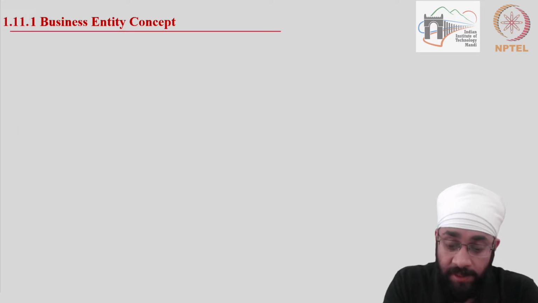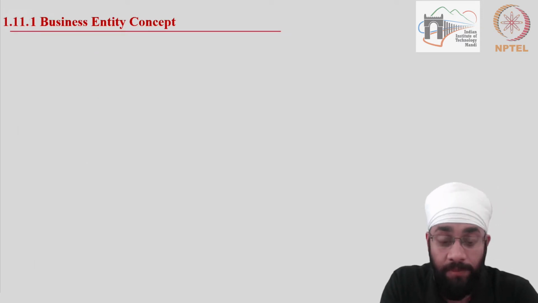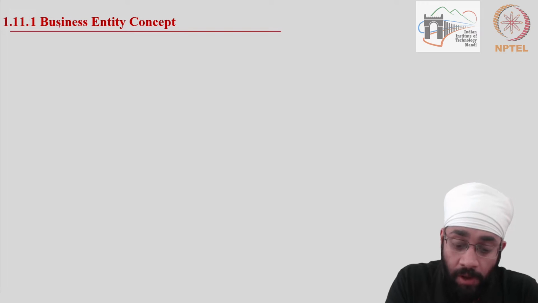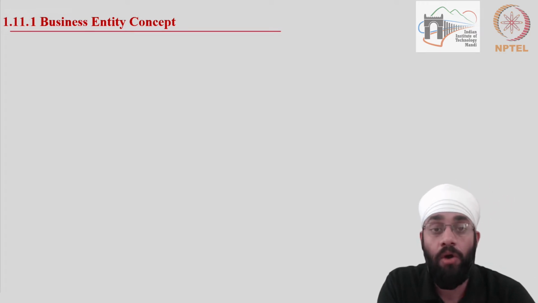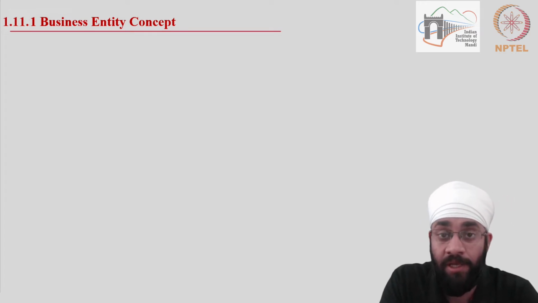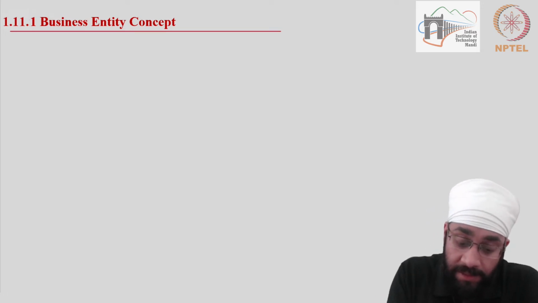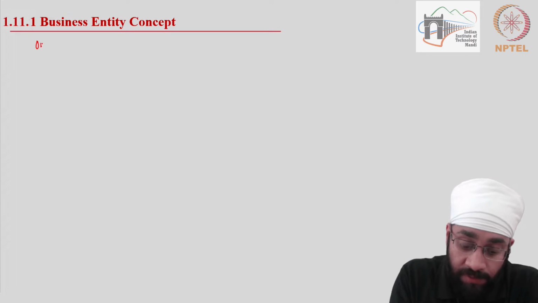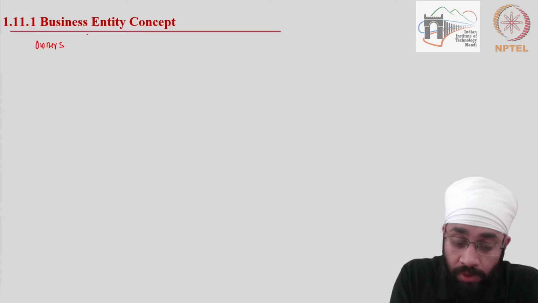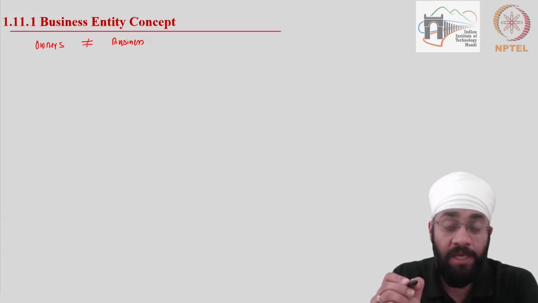The first generally accepted accounting principle is called the principle of business entity, or also referred to as business entity concept. This principle means that the owners of the business and the business itself, they are not the same.